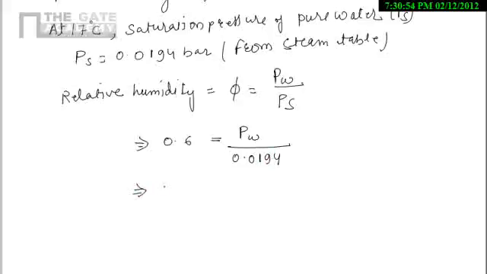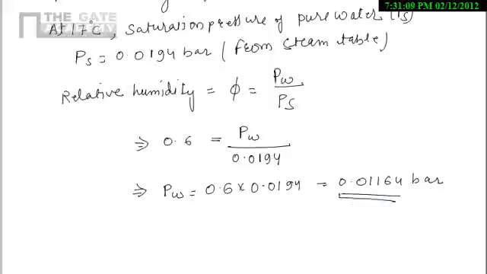So PW equals 0.6 into 0.0194, it will come 0.01164 bar. So the partial pressure of water vapor is 0.01164 bar.